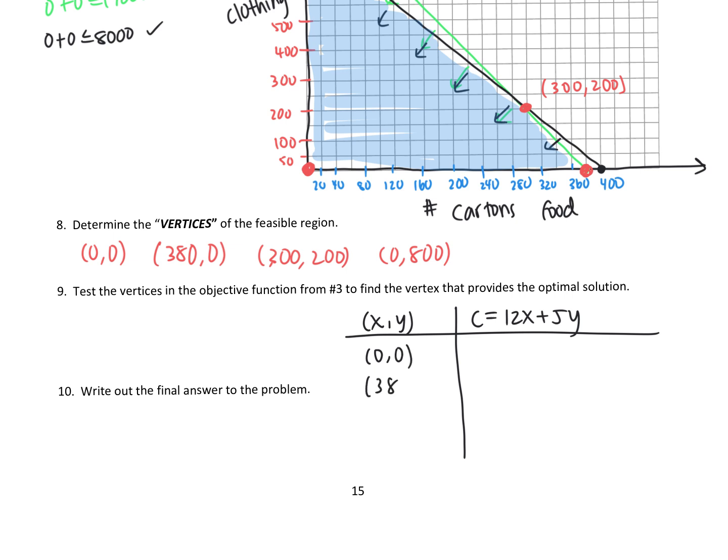So we have 0, 0, 380, 0, 300, 200, and 0, 800. So obviously if we plug in 0, 0, we're going to get 0. If we plug in 380, we get 4,560. If we plug in 300, 200, we get 4,600. And lastly, if we plug in 0, 800, we get 4,000.